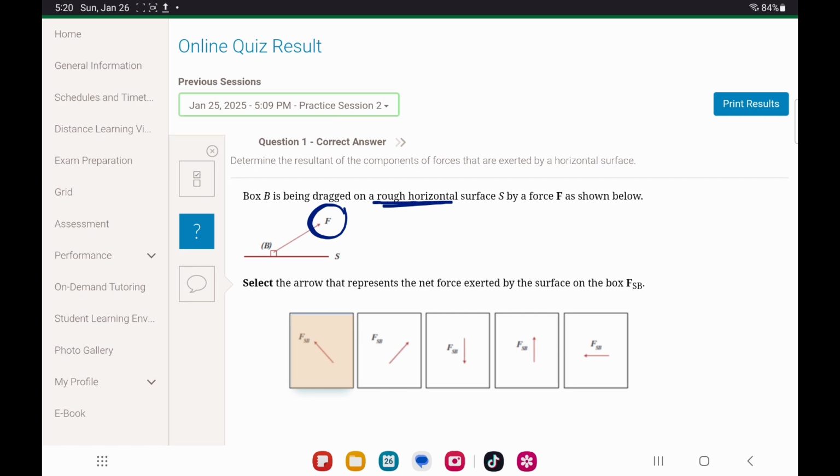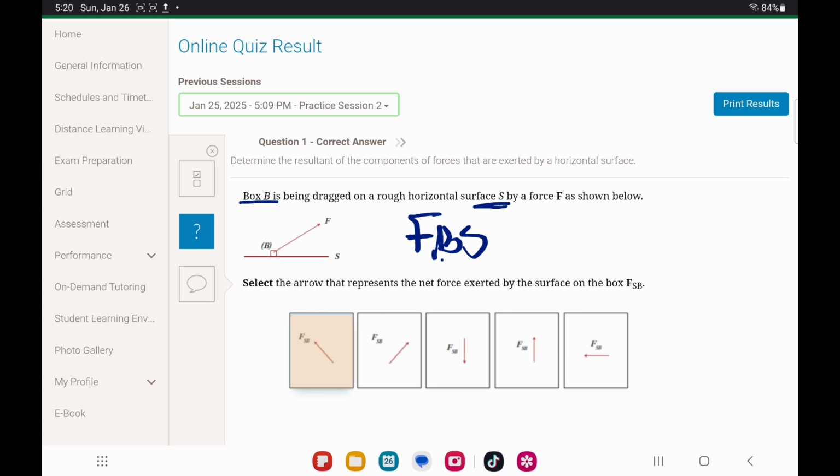They want you to find the net force exerted by box B on S. The force at the beginning of this question is F B on S, because B came first and then S came second, okay, like I said in the last question.